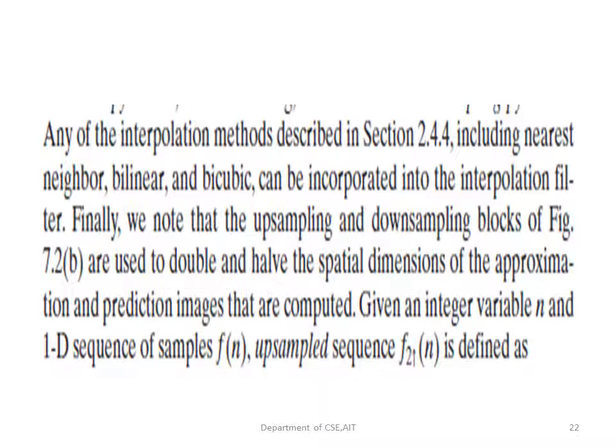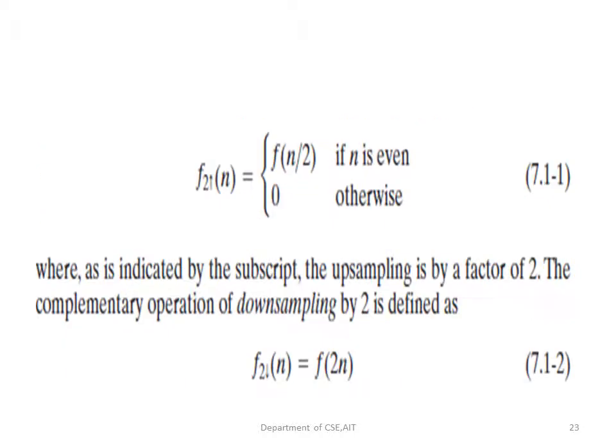Here we have the formulas for upsampling and downsampling. If we are given an integer variable n and a one-dimensional sequence of samples, f of n, then the upsampled sequence f2 of n is defined as f of n by 2 if n is even, and f2 of n equals 0 if n is not even.